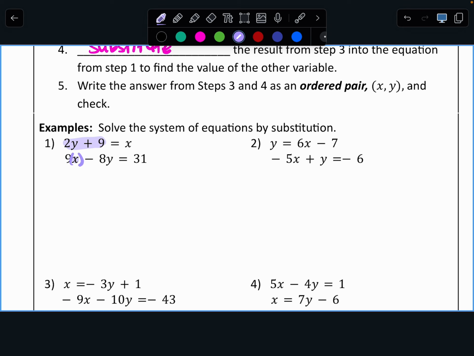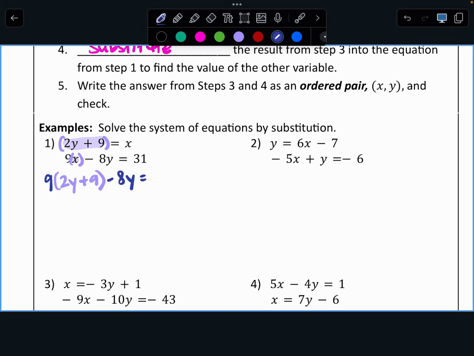So put a little parentheses around that x. That's where 2y plus 9 is going to go. So let's write 9 times (2y plus 9). So x is no longer in the equation. We've replaced it, or substituted, with 2y plus 9.